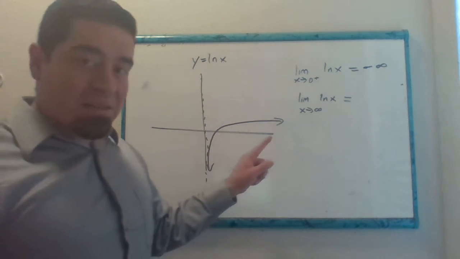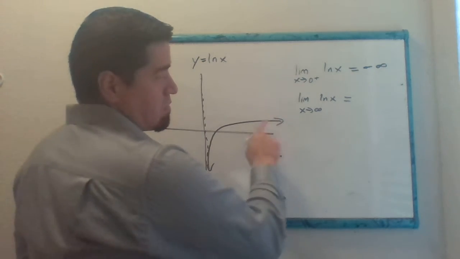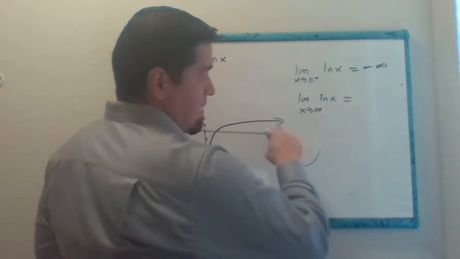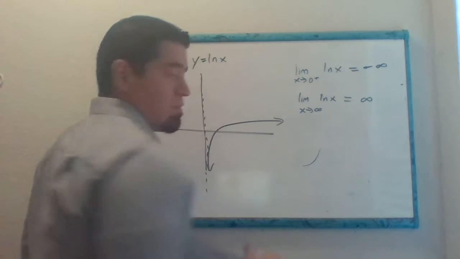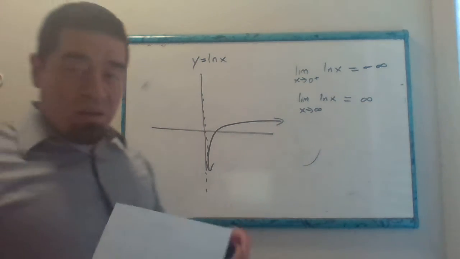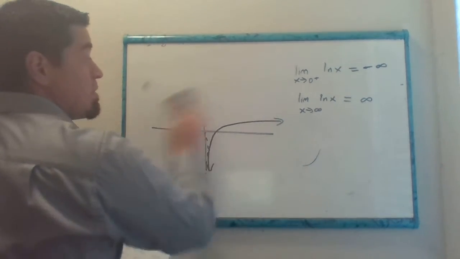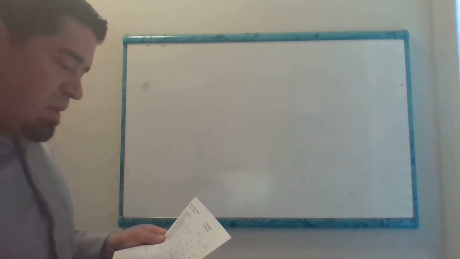Now this may not look like it, but it's going to keep going upwards, a little more slowly than the exponential, which looks like that. But it's increasing, so the y-coordinates will go to infinity as well. Okay, so that's just a quick review over limits, which we did in week 1 and week 2.